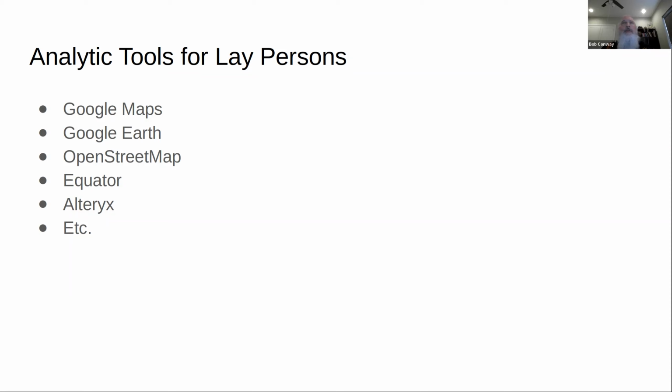Equator is an example of a new and lesser known tool for the masses to access elevation data. Alteryx is an analytics platform, it's commercial, with good spatial support for non-spatial professionals. As with their professional equivalents, built-in import and export options provided by these tools are typically restricted to a few options.